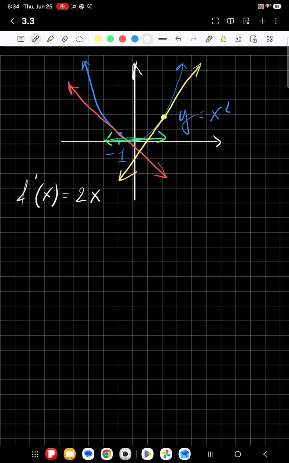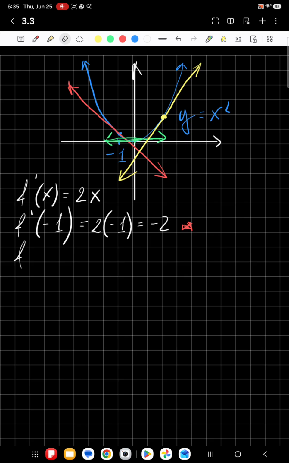So f prime of -1, and we plug it in. So 2 times -1, -2. Then the second one was 0. So f prime, now we could make it somehow color coded, right? So that's the red one.